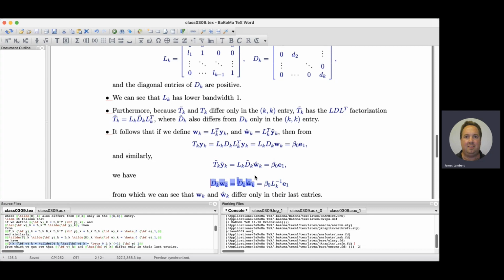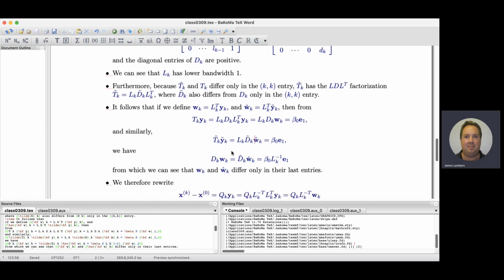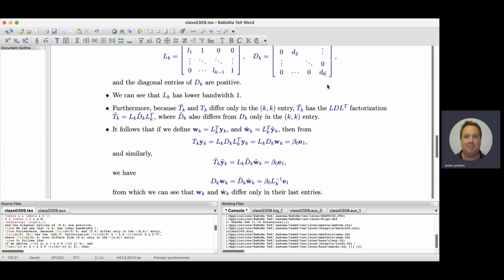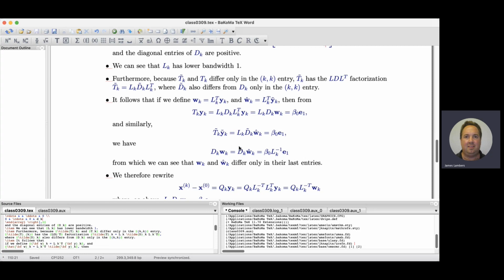So these are the same. Now, it's already been established that DK and DK tilde, these are diagonal matrices, and they are the same except for the last diagonal entry. So what that means is WK and WK hat are also the same except for their last entries. So this is a consequence of TK and TK tilde being so similar, only being different in this one spot, that causes this near equality.